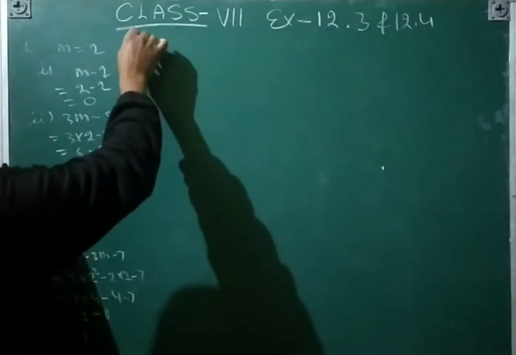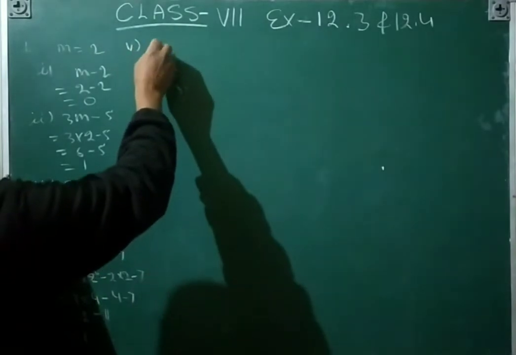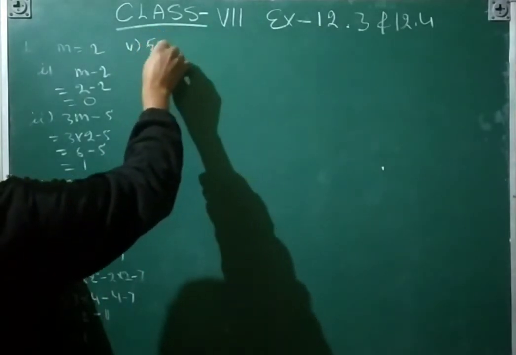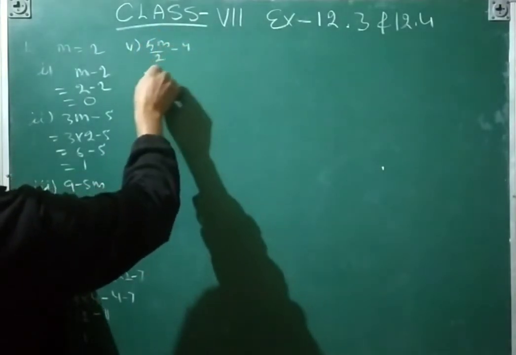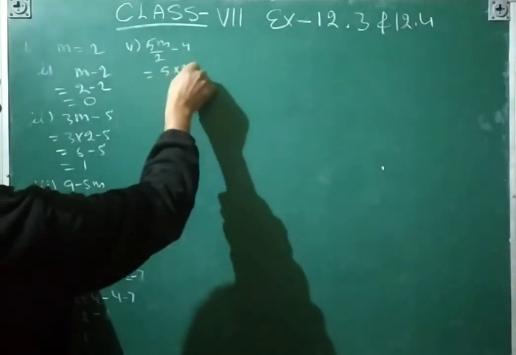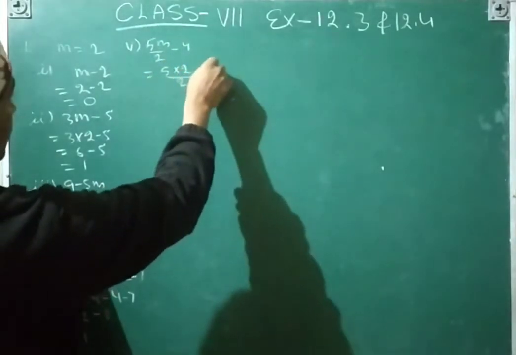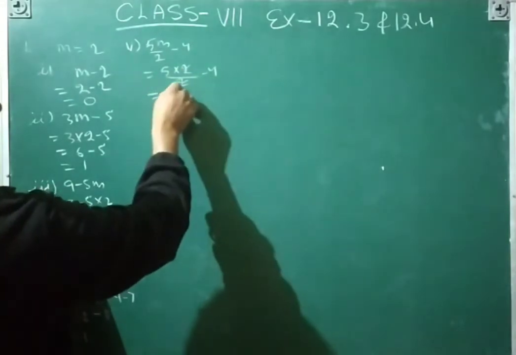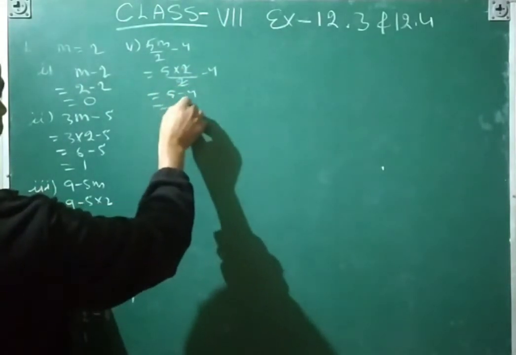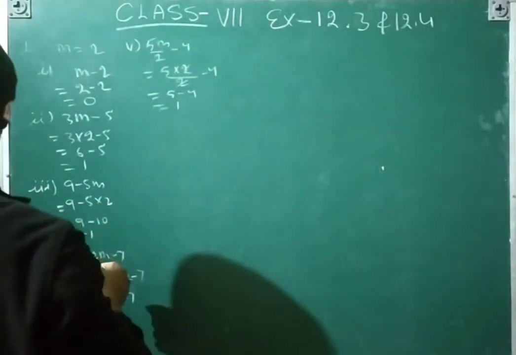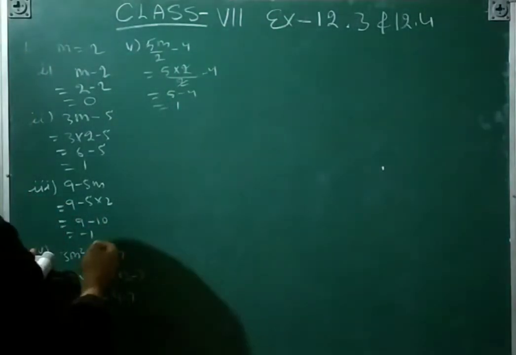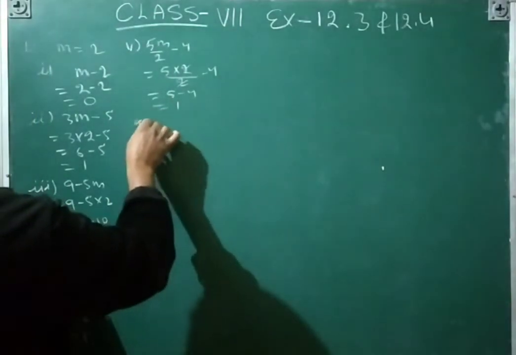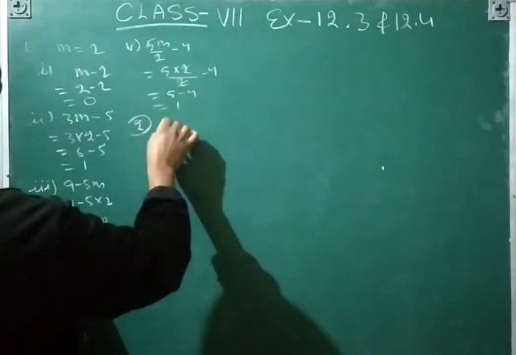And then fifth part: 5m upon 2 minus 4 is equal to 5 into 2 upon 2 minus 4. 2 cancels by 2, so that is 5 minus 4, which is equal to 1. Second question, similarly, p is equal to minus 2 is given.